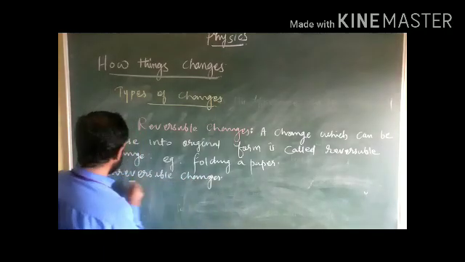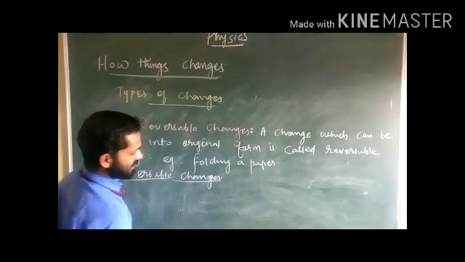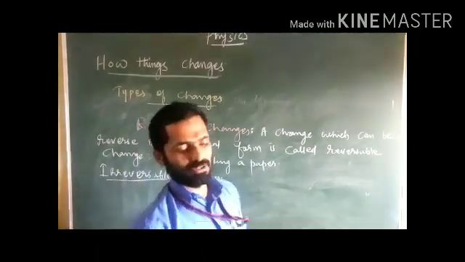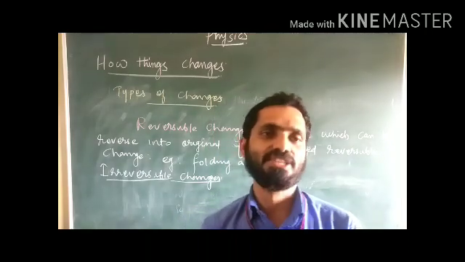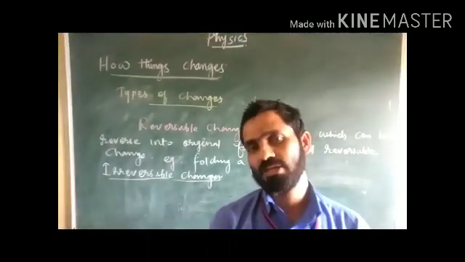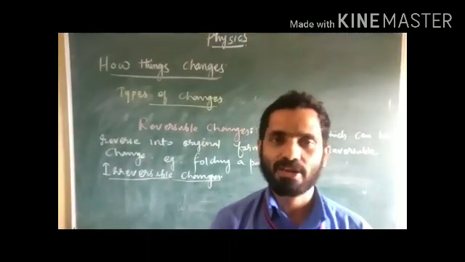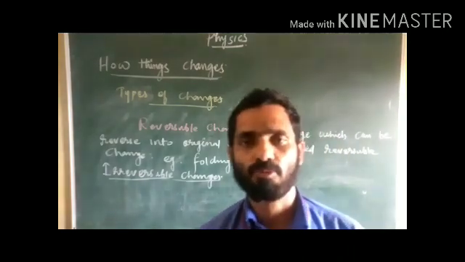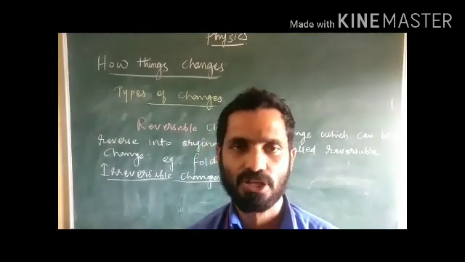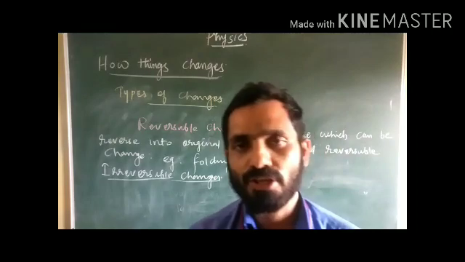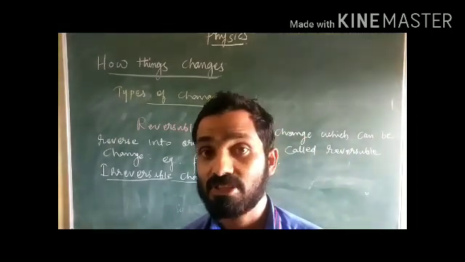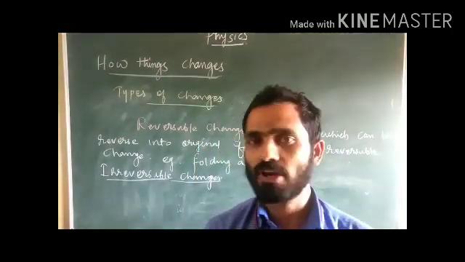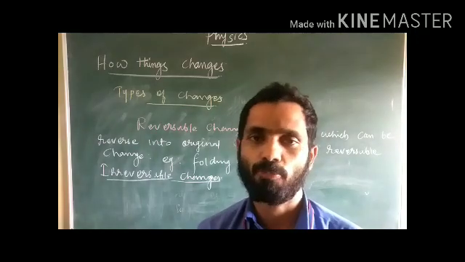Irreversible changes. As its name indicates, these are changes which we cannot rechange into the original form. The changes which we cannot reverse into the original form are called irreversible changes. For example, students, burning of a paper.